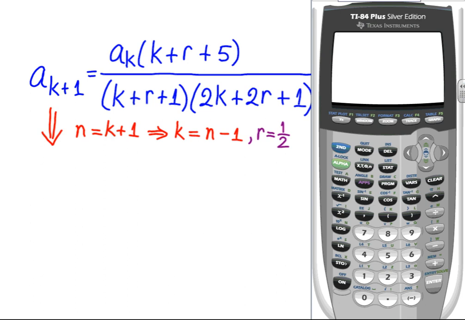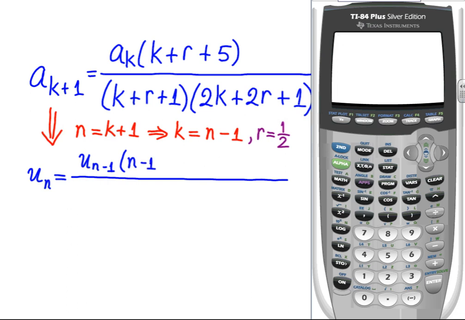We're going to have the calculator use u instead of a. So u sub n equal to a big fraction. A sub k will be u of n minus 1. K is going to be n minus 1. That's k plus r, 1/2, plus 5.